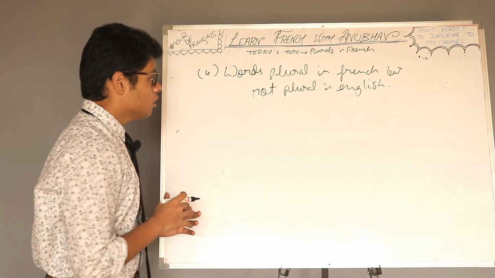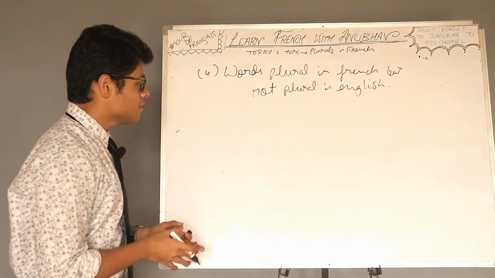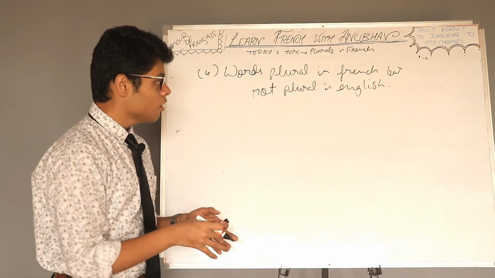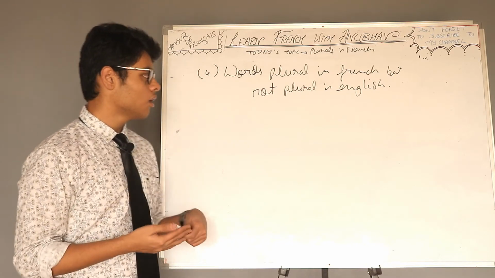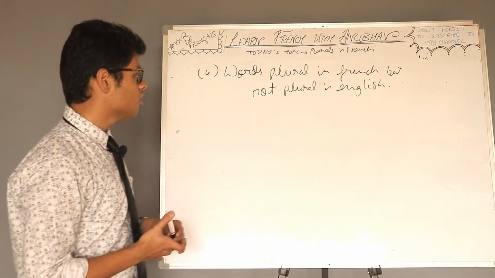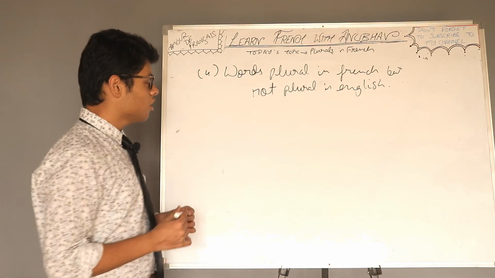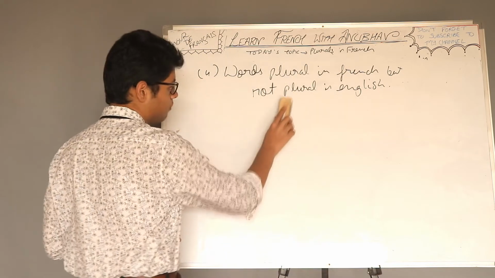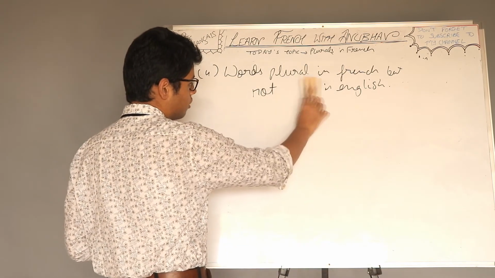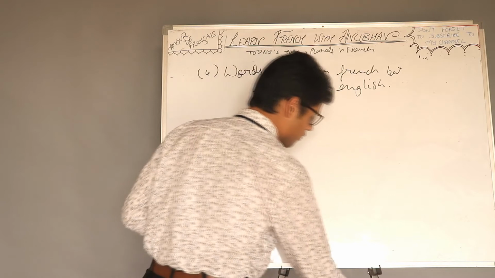Here, the French words which exist in plural form only but not in plural form in English. Again I would like to reframe the statement a bit: but not in English.